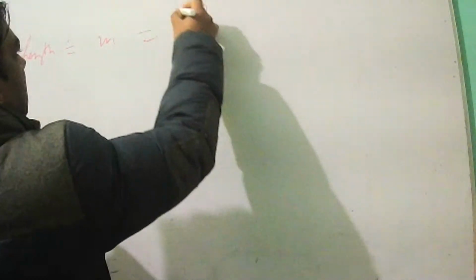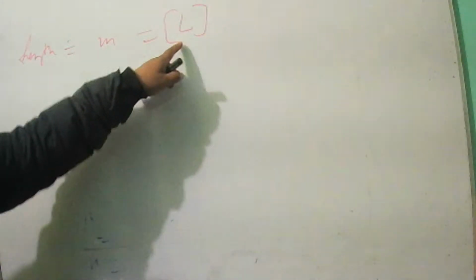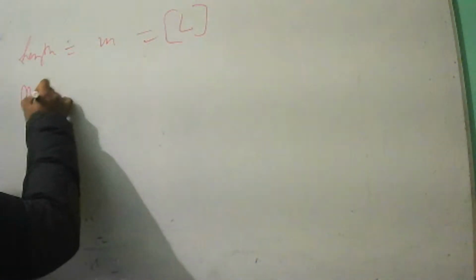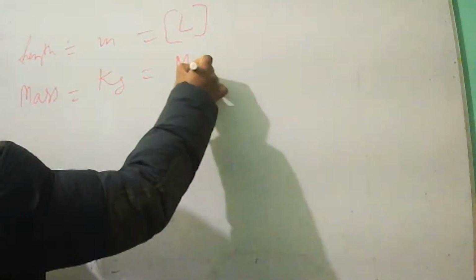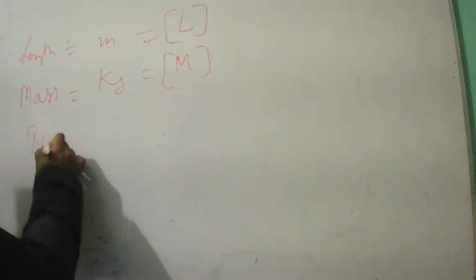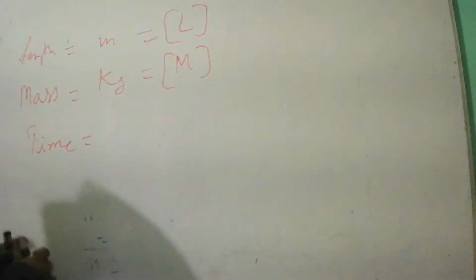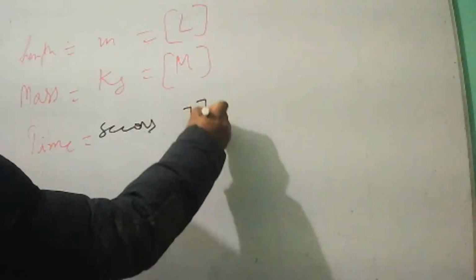So in dimensional analysis हम लोग क्या करते हैं यहाँ पे, L is a symbol of dimension. जहाँ पे भी जिस किसी यूनिट में, wherever there will be length you will be writing L. For mass we measure in kilogram and then we write M. Are you following? Then for time, second, and here it is T.